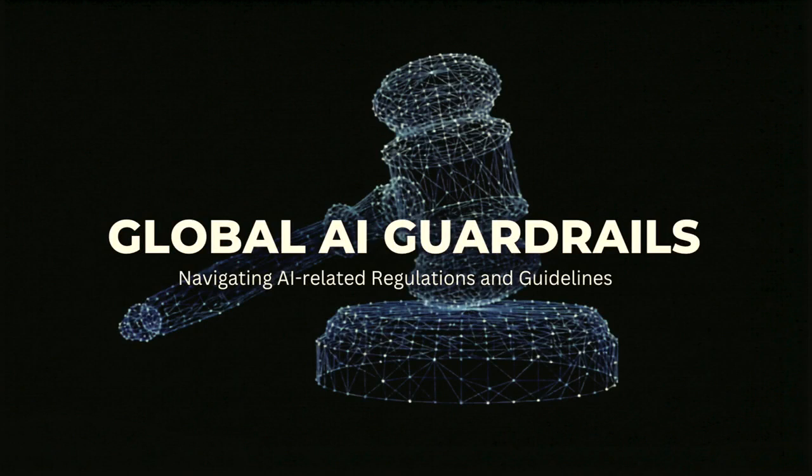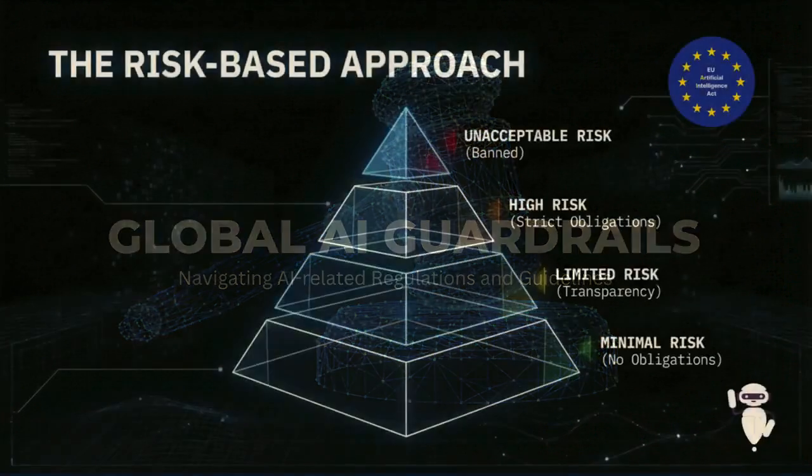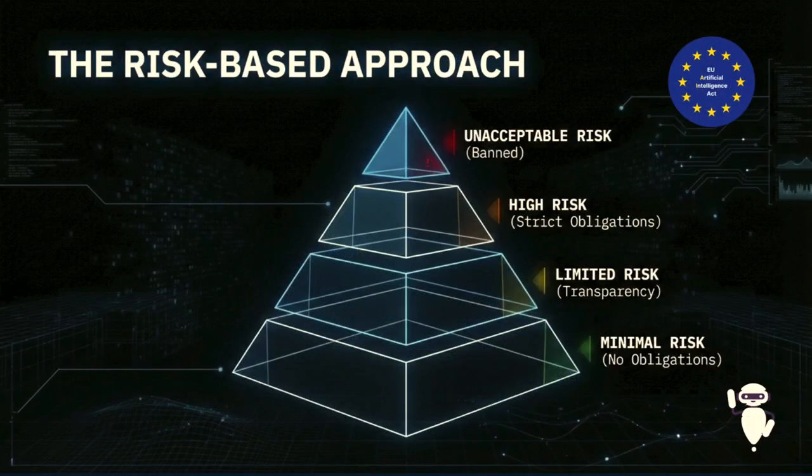And this brings us to the final and most critical module, which is AI guardrails. We have to take a look at both global and Thai AI guardrails. So if we want to create or develop an AI application, especially for the court setting, what things should we be concerned about? One of the notable and important frameworks is the EU AI Act.